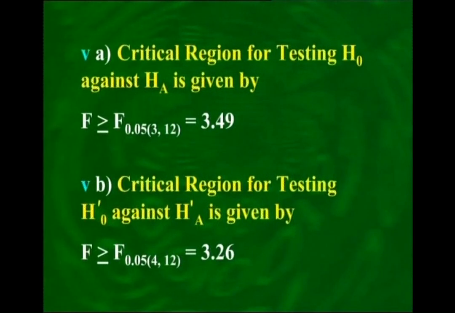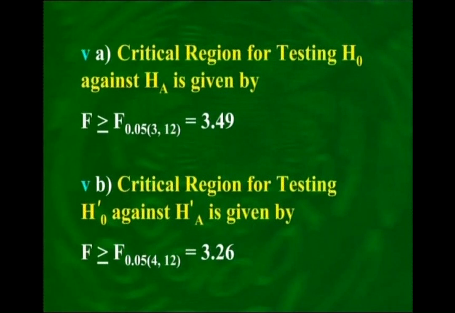So, as you now see on the slide, since the level of significance in each case is 5%, therefore, the critical region for testing H naught against H A is given by F greater than or equal to F 0.05, 3, 12, and consulting the F table, this value is equal to 3.49.